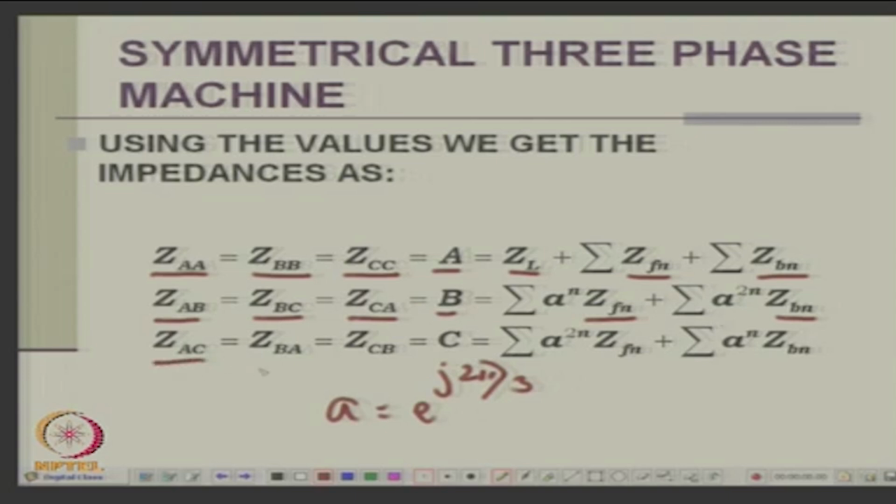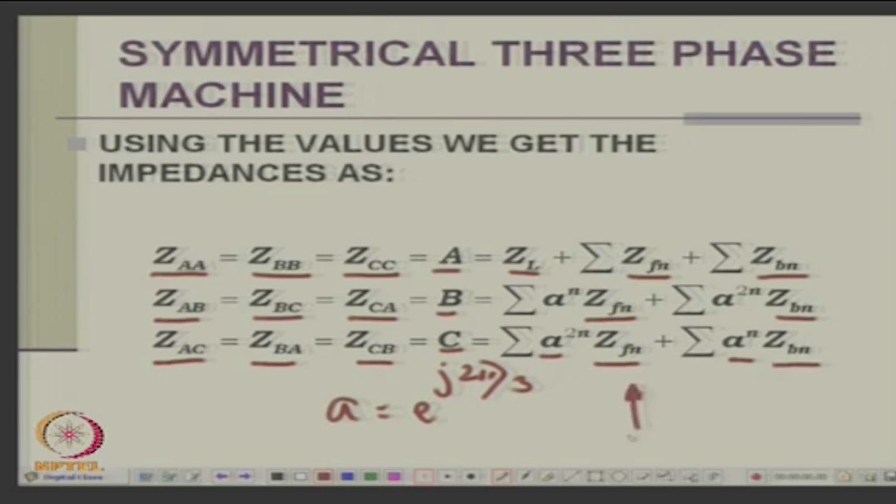And ZS is equal to ZBA equal to ZCB by symmetry. That will be a constant C, which will be a to the power of 2n times ZFN plus a to the power of n times ZBN.